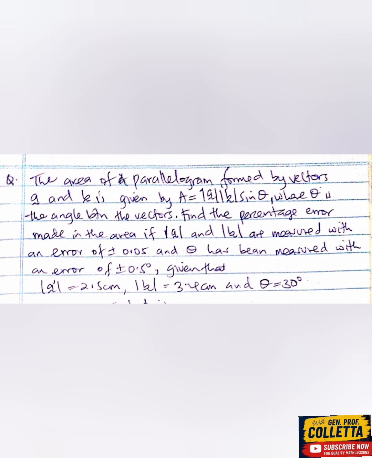Yes, that is the number. Copy the question. The area of a parallelogram formed by vectors A and B is given by area equals magnitude of A times magnitude of B times sine theta, where theta is the angle between the vectors. Find the percentage error made in the area.